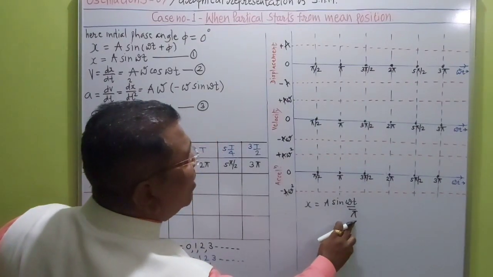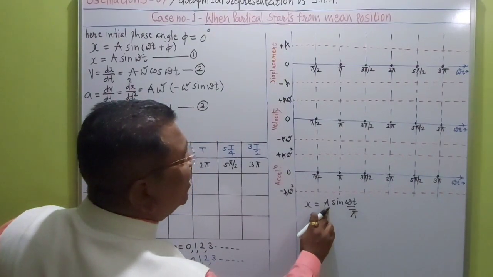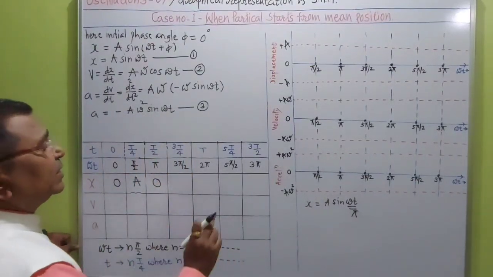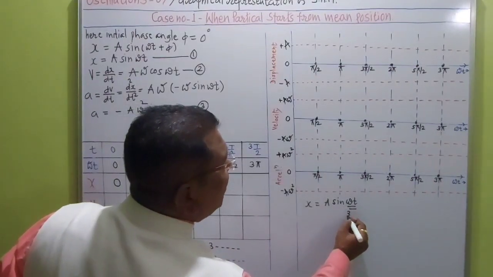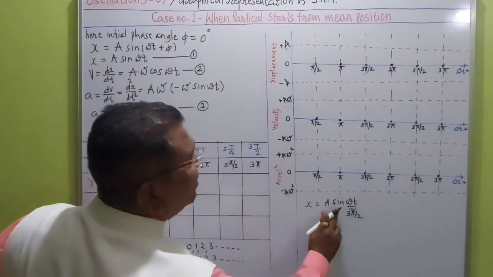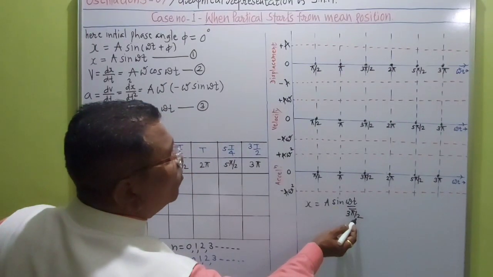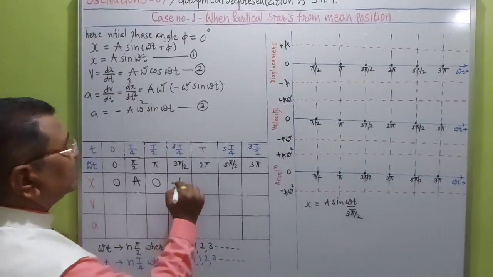Sin pi is equal to 0, 0 into A is equal to 0, we get x is equal to 0. Then put 3 pi by 2. Omega t is equal to 3 pi by 2. When there is an odd multiple of pi by 2, sin 3 pi by 2 is equal to minus 1. Minus 1 into A, we get minus A.